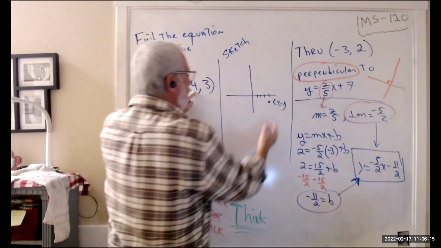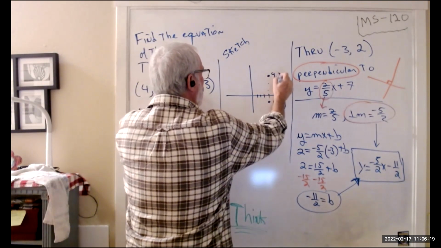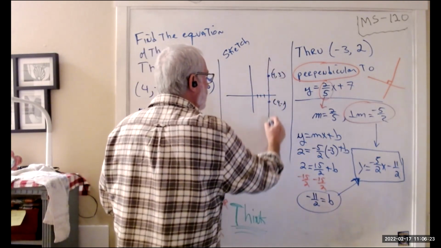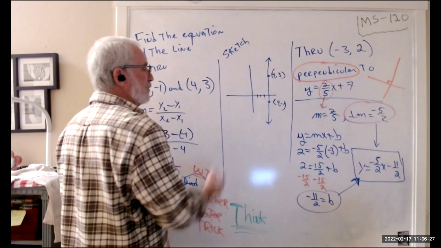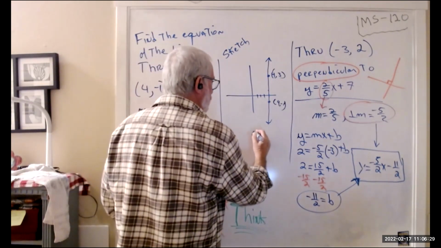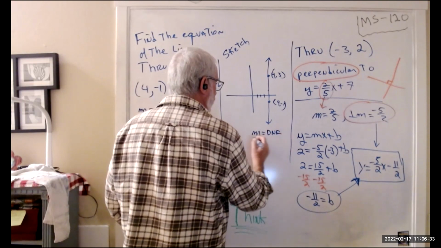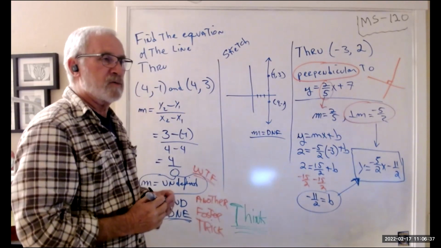And it's going to go to (4, 3). So there's the line that goes through those points. It's a vertical line. Its slope is undefined. DNE, does not exist, whatever. But it wants the equation of that line.